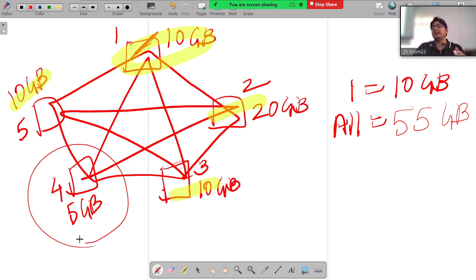Here computer number 1 actually has storage of 10 GB, but virtually it has a storage of almost 55 GB. This is the power of grid, where you can share your storage and many things with each other, but you need to be in the grid. Very important.